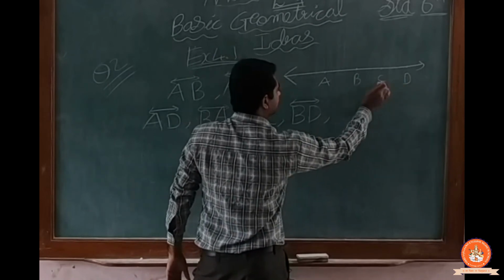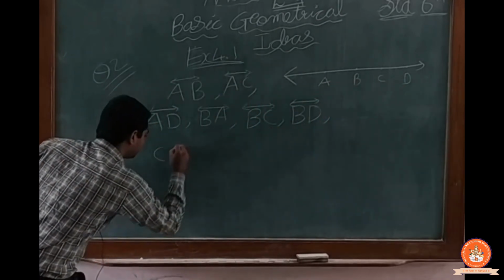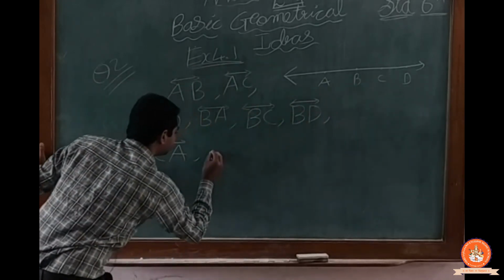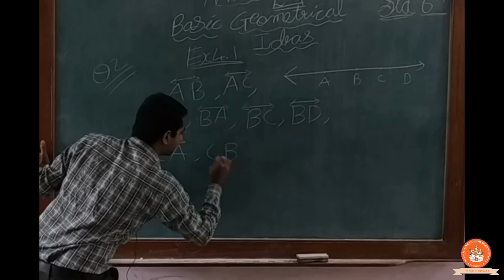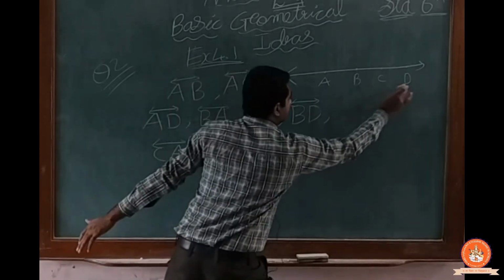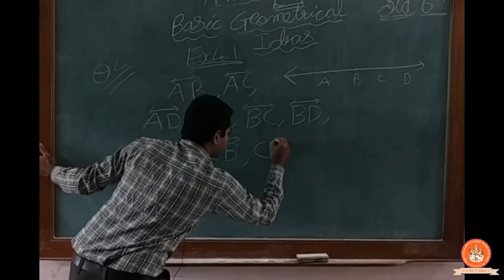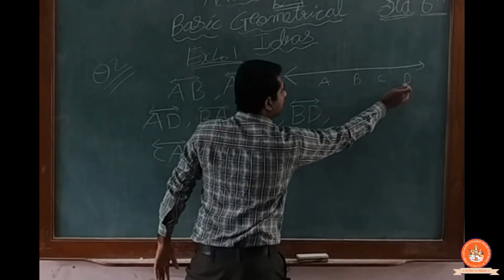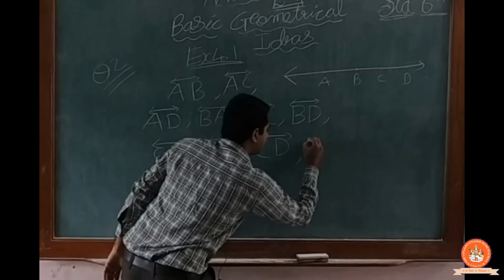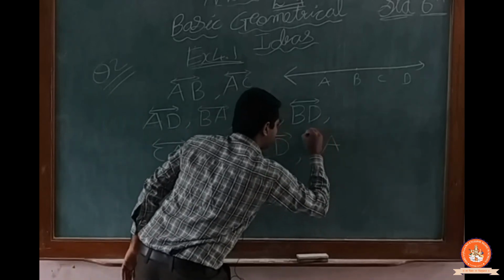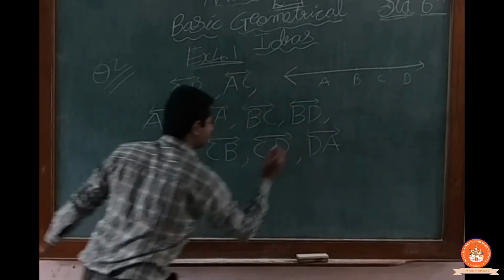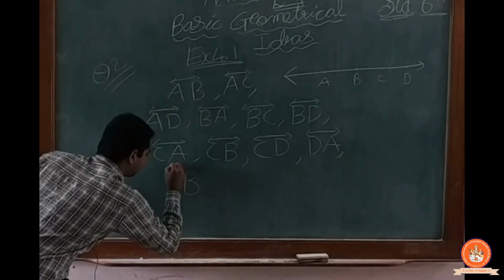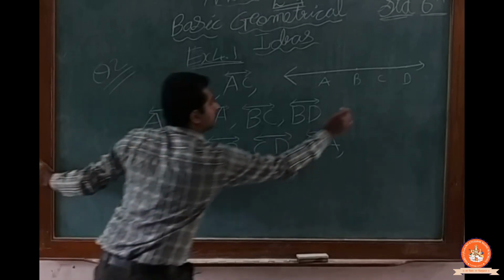Now coming on C. CA, CB, CD. CD completed. Now coming on D point. DA, DB, then DC.